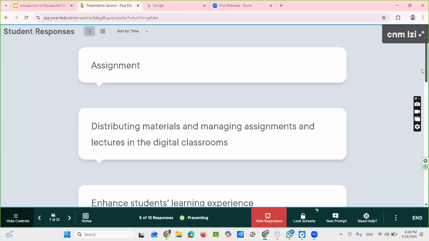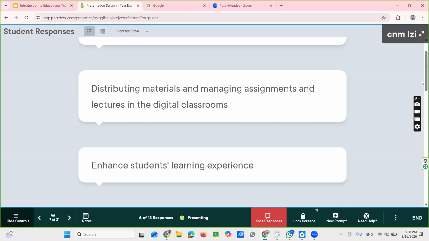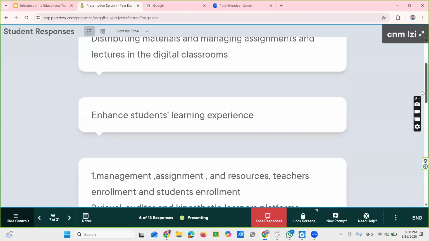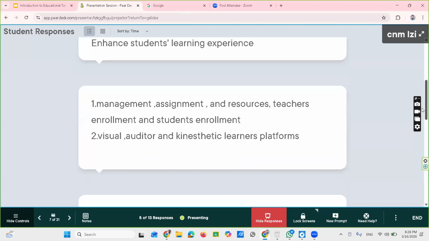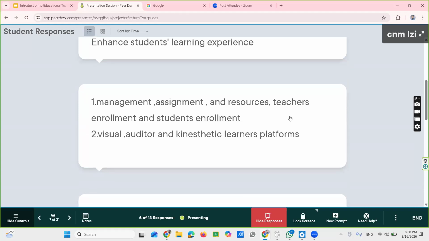However, here, first, distributing material and managing assignments and lectures in the digital classroom. One student tried to give answers like that. Enhance students' learning experience, manage assignments and resources. Actually, an administrative task is allocating resources.